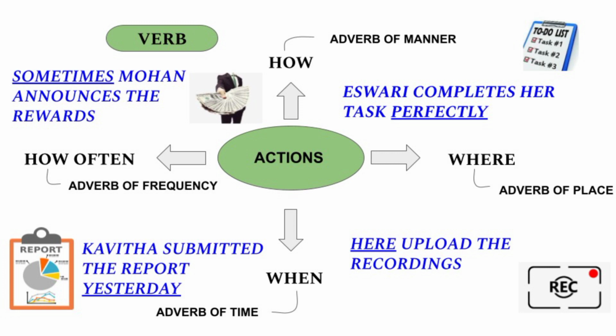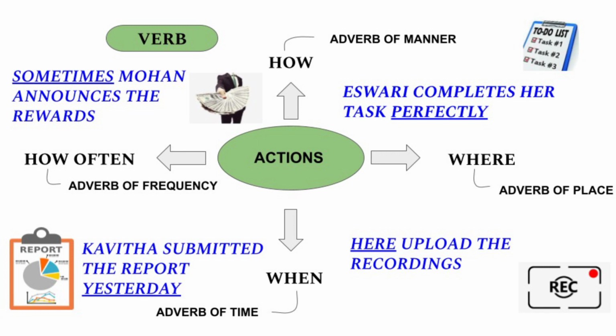Perfectly describes the manner in which Ishwari completes her task. So perfectly is an adverb. As this adverb describes the manner in which the action is performed, it is called an adverb of manner.